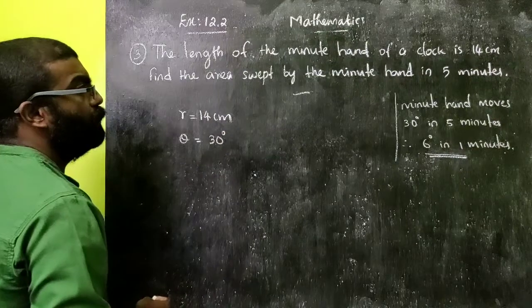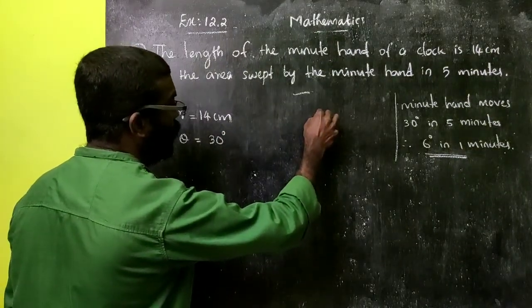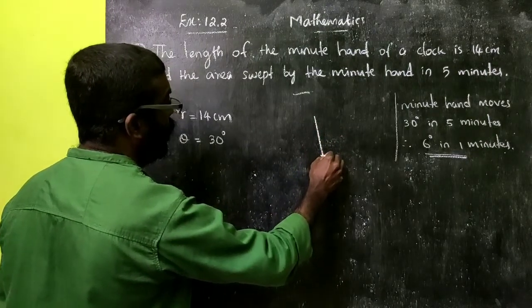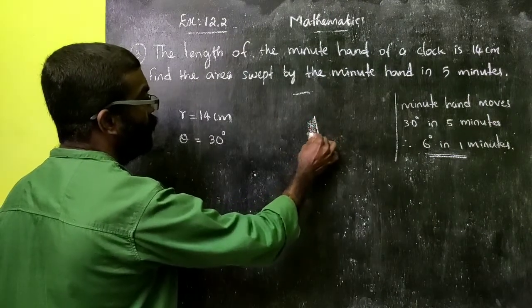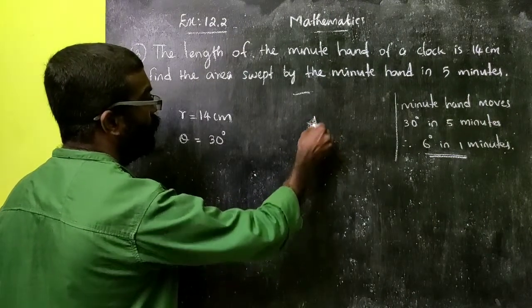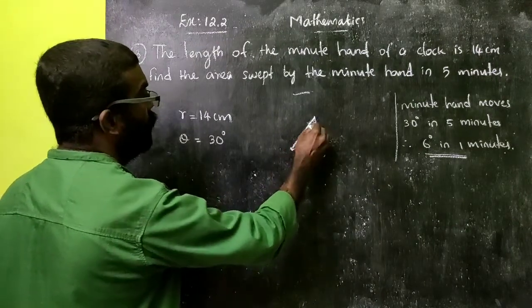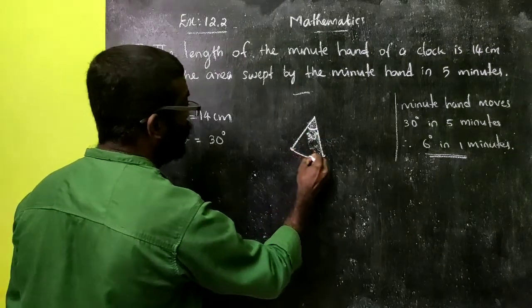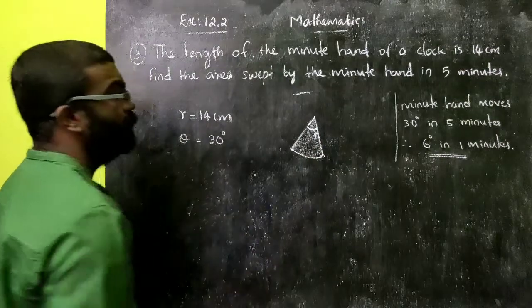Now we can easily find the area swept by the minute hand. So if we consider this minute hand as the radius and this minute hand swept 30°, the portion formed is in the form of a sector. Okay, this is in the form of a sector.